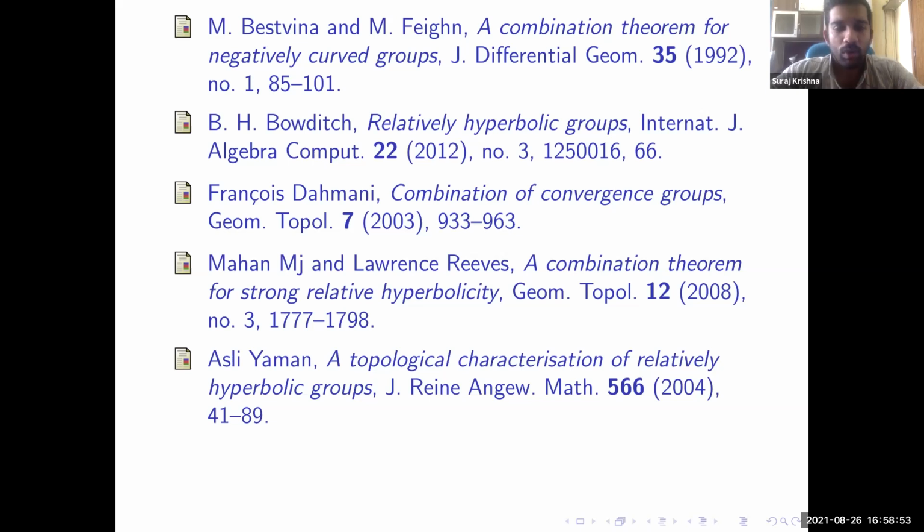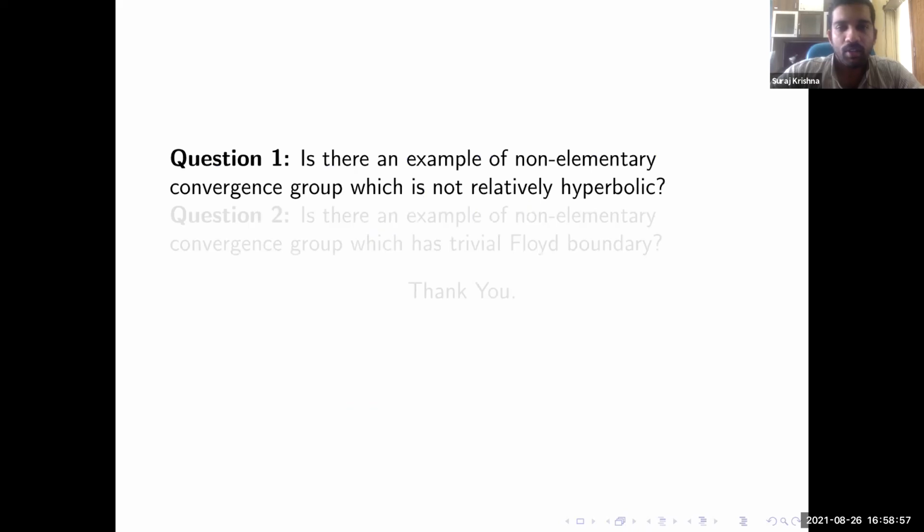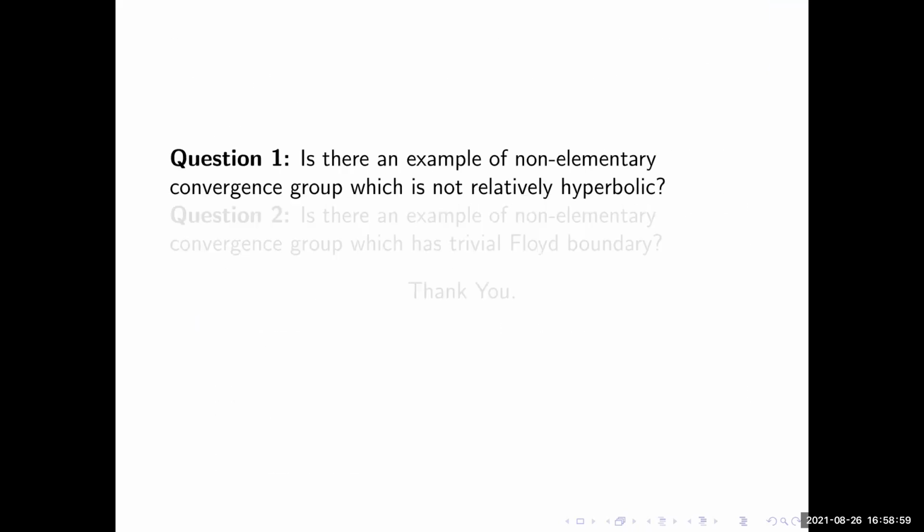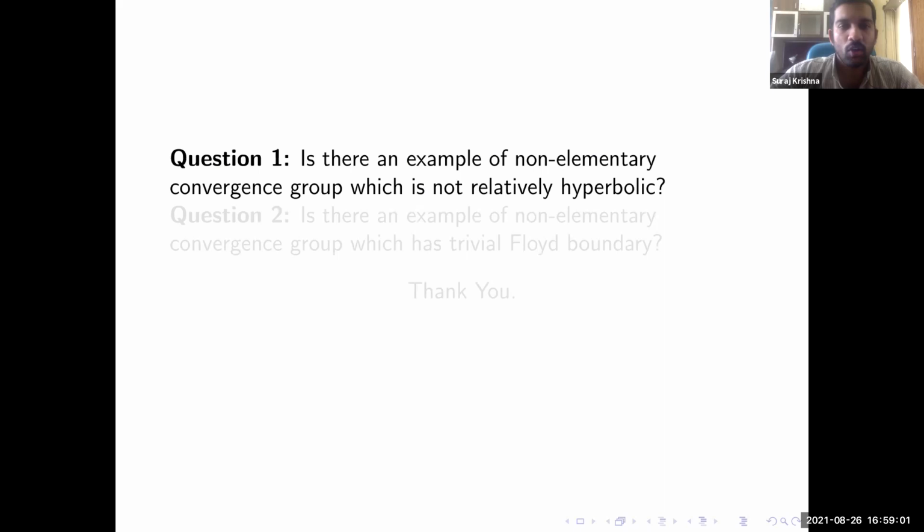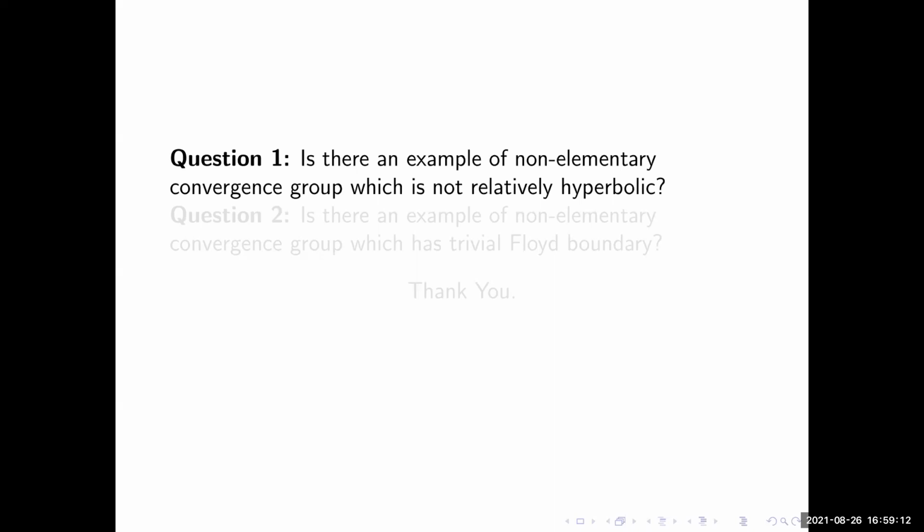About question one that you gave, does your theorem or your proof method say something about whether this may be true? No, we haven't said anything about this question because it is completely open. That is, is there any example of a non-elementary convergence group which is not relatively hyperbolic?